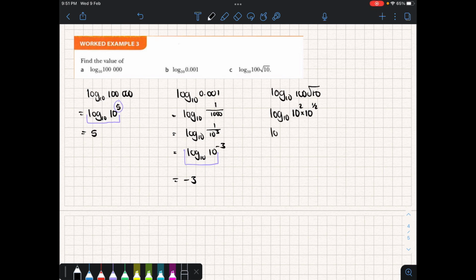So we'll have log base 10 of 10 to the power of 2 plus a half, which is 2.5. And once again, here we have a log. The base and the value are the same, and so we can simplify this to 2.5. So 10 to the power of 2.5 is the same as 100 square root 10.